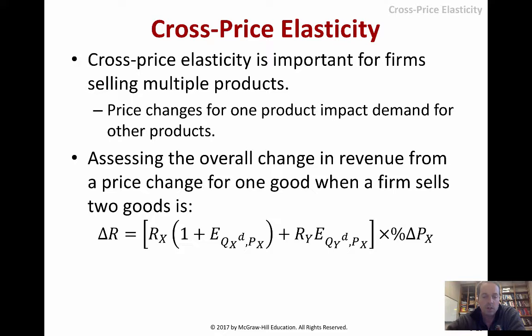Here, change in R is the total company revenue. We have two products, X and Y, with their revenues. We have the own price elasticity of good X, and then we have the cross price elasticity, the price of X to the quantity of Y.